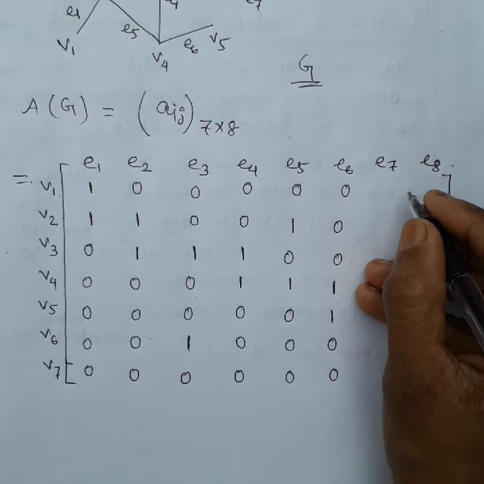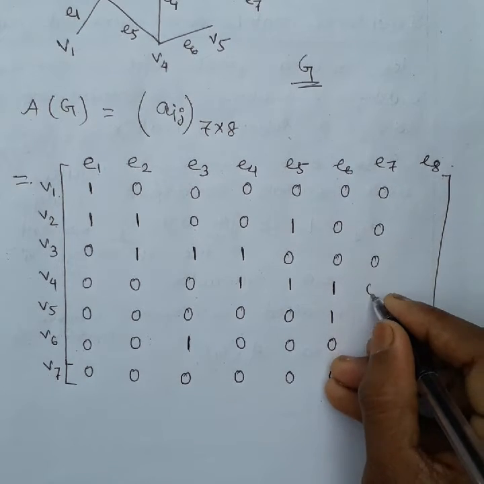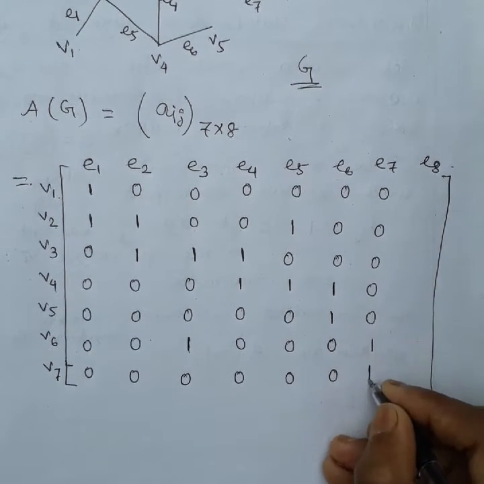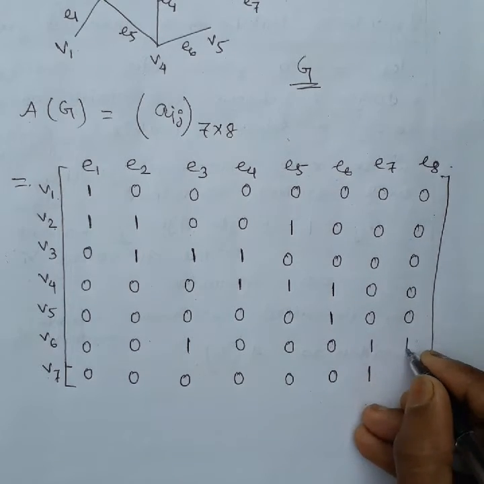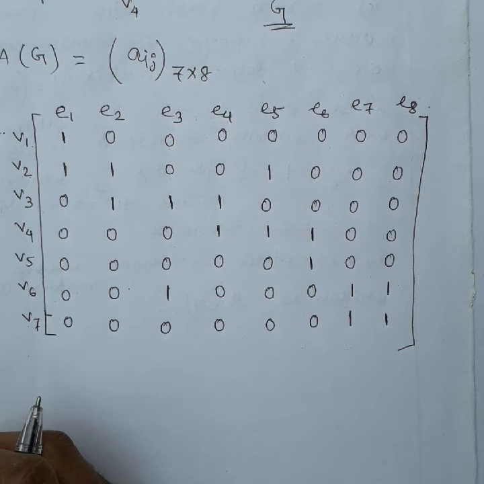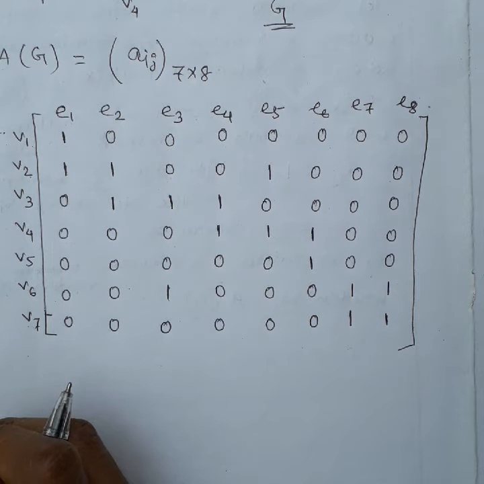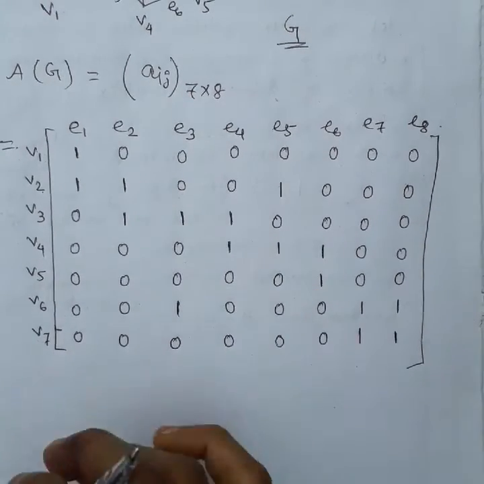E7 and E8 are both between V6 and V7, so these two positions are 1, and for E8 also V6 and V7 are 1. So this is our incidence matrix. You can find the matrix from the graph easily.